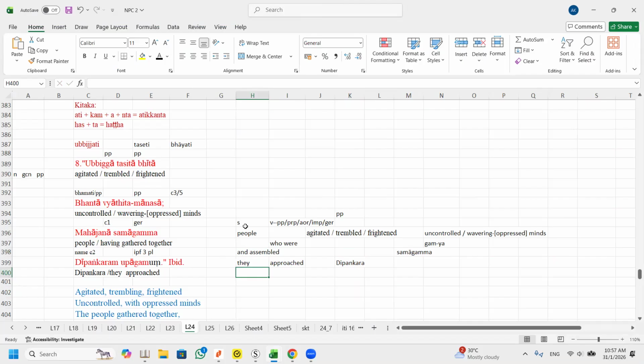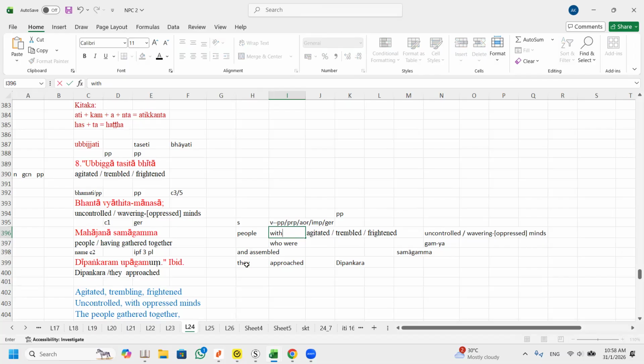Then people with all these people. That means in this case, instead of saying 'who', you can put 'people who' with agitated, so on. That means agitated, frightened minds or uncontrolled minds.